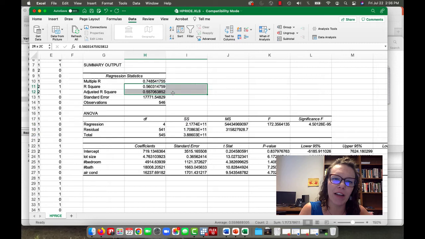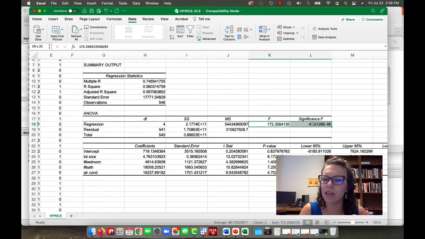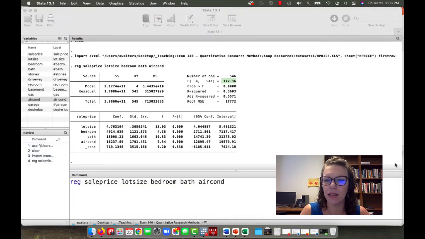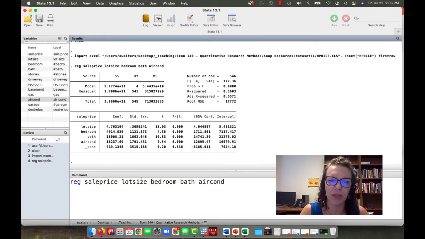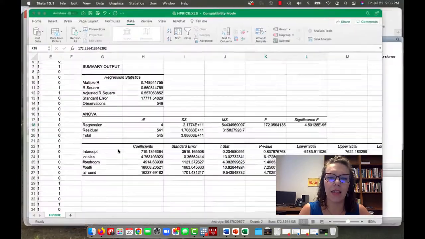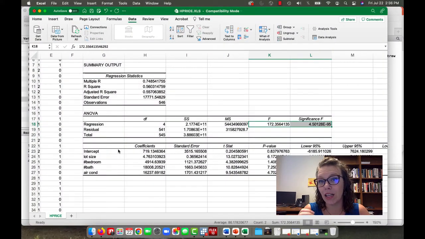And then up here I have my R squared and my adjusted R squared. And then I have my F-stat and the p-value for my F-stat. So all the same stuff that I had in the Stata regression result, I have in the Excel regression result.